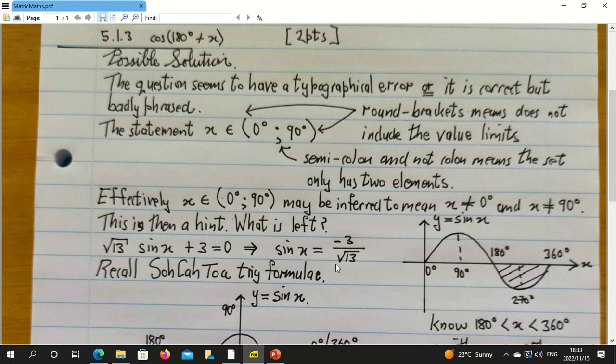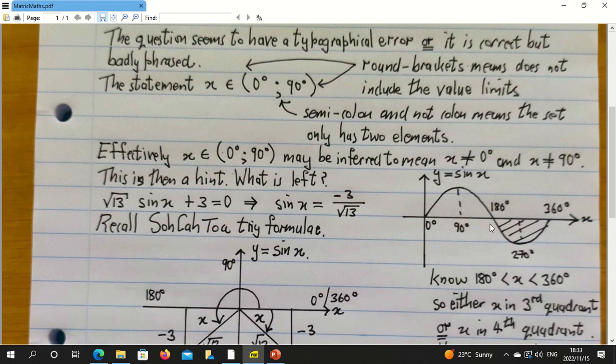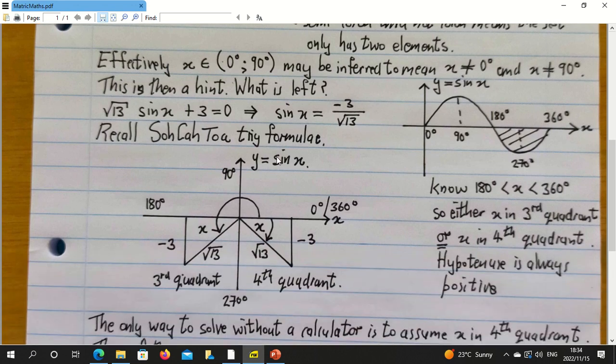Therefore, if sine is negative, the angle must be greater than 180 degrees but less than 360 degrees. That means it must be either in the third quadrant or the fourth quadrant. You draw a picture, first quadrant, second quadrant, third quadrant, fourth quadrant.